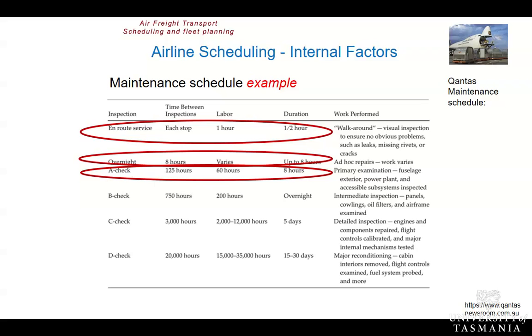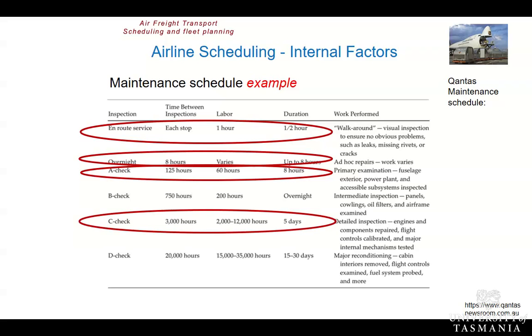The aircraft will be pulled aside. It's 8 hours out of the fleet, and some of the key aspects of the aircraft themselves are inspected, such as the fuselage, the engine itself, and some other aspects.